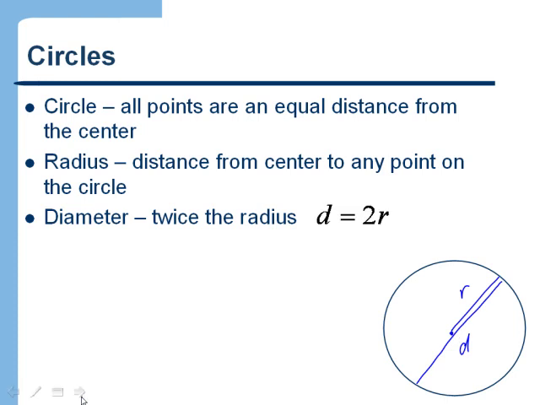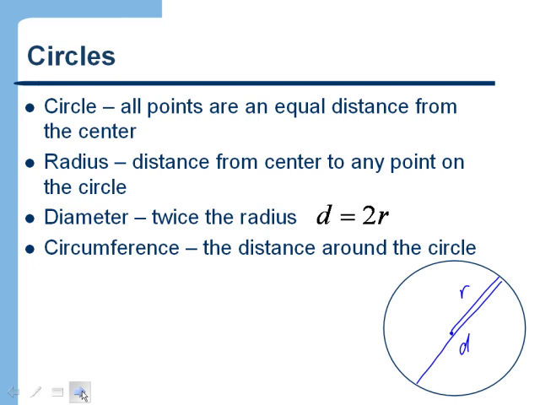The next thing we want to define is the circumference. And the circumference of the circle is simply the distance that you go in going around the circle once. So if I started up here and I go all the way around the circle like this, that distance is called the circumference.